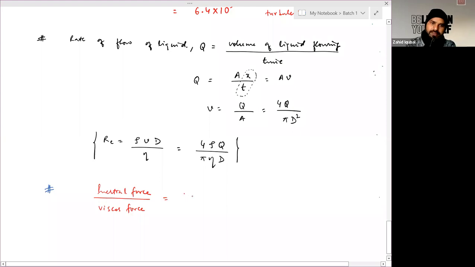Inertial force is mass times acceleration. Viscous force is eta, A, velocity by length. In terms of this, it will be D. Mass is equal to density into volume. Volume would be area into length.